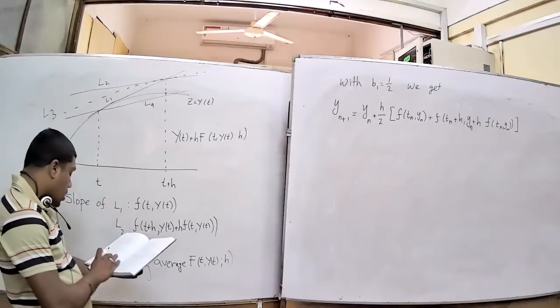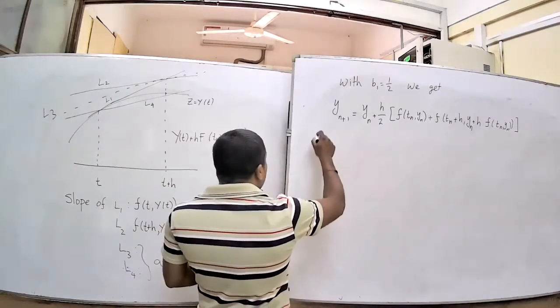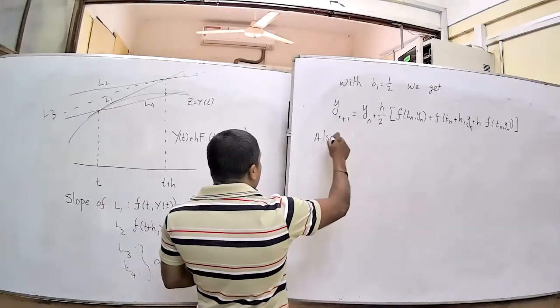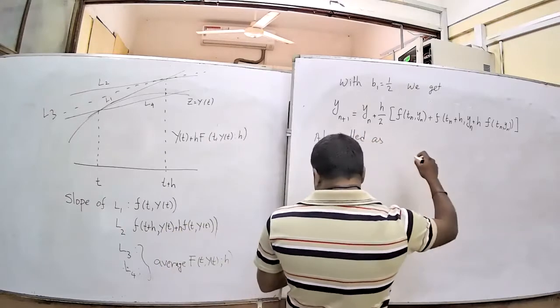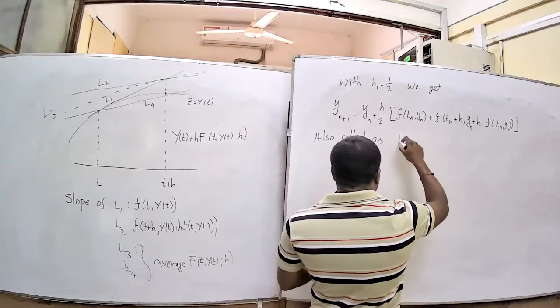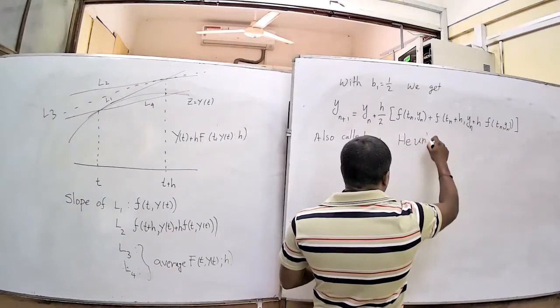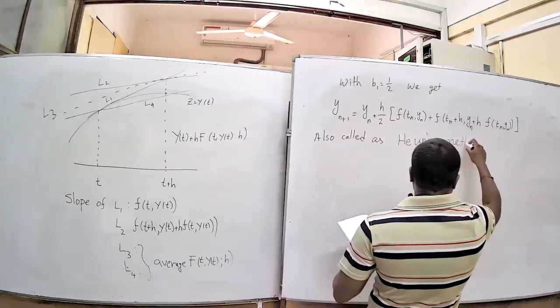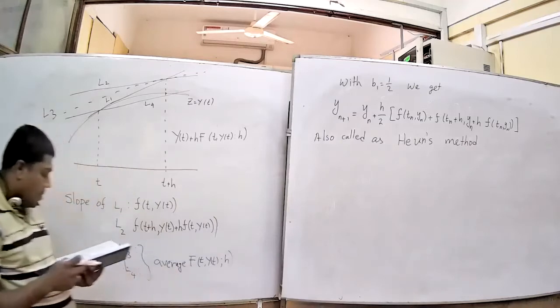This has a special name also: it is called Heun's method.